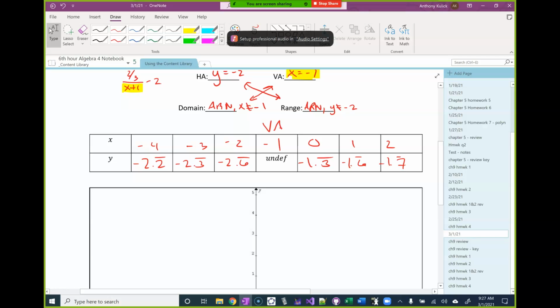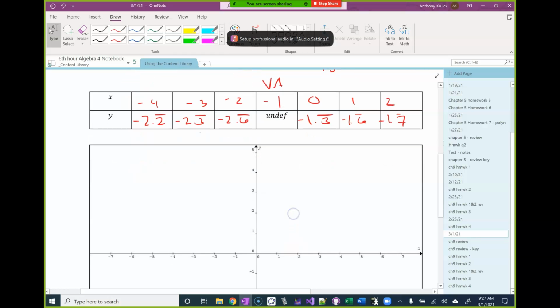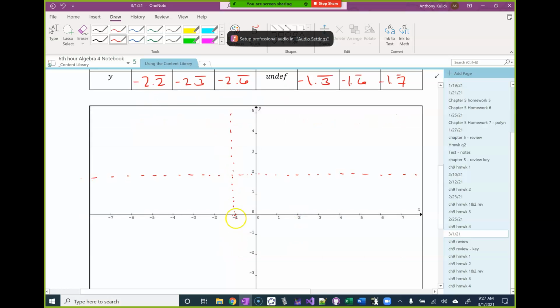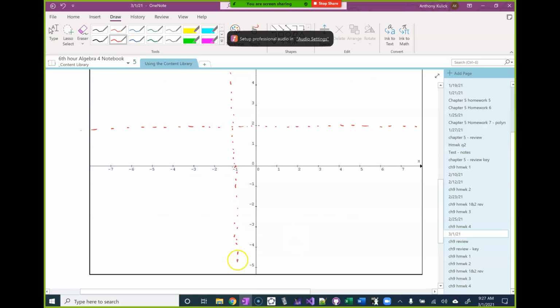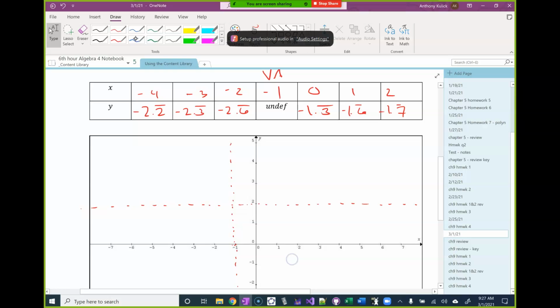Megan, are you okay with what I'm doing there? Okay. So drawing our asymptotes. -2 for my horizontal, and then -1 for my vertical. And we'll plot our points.